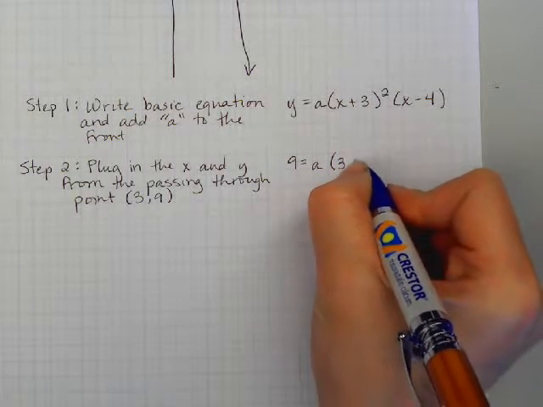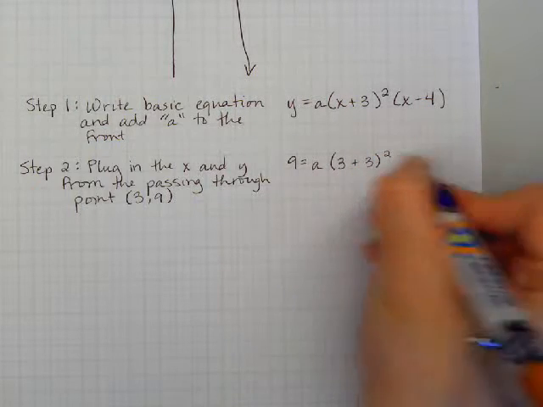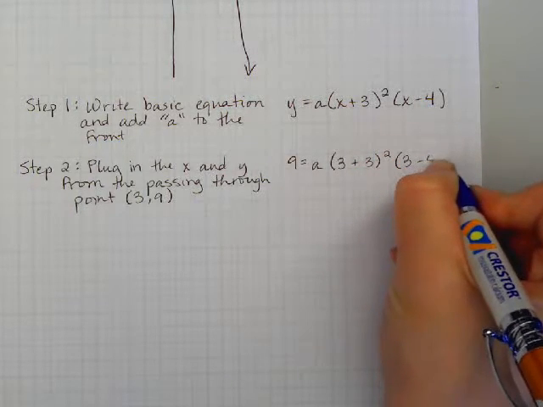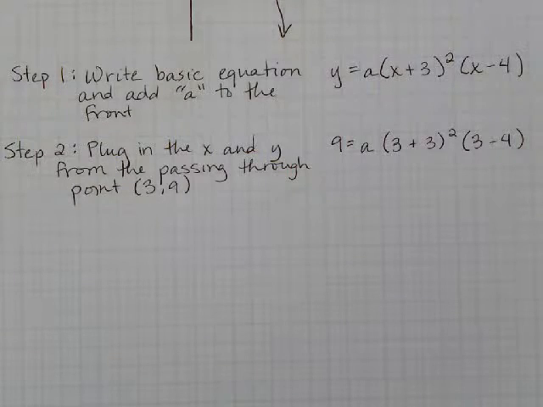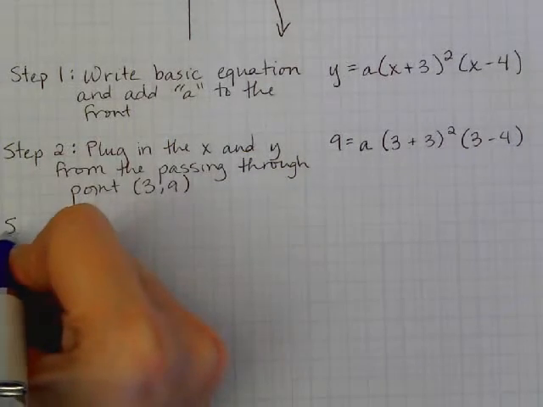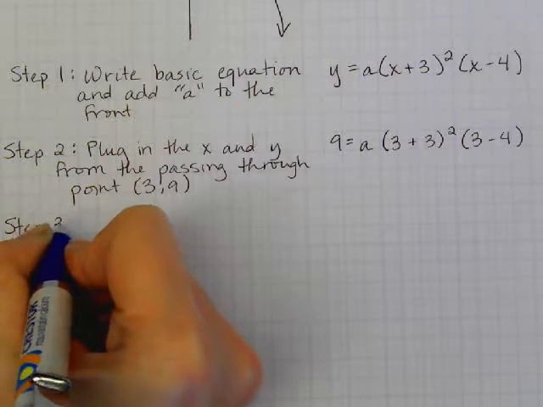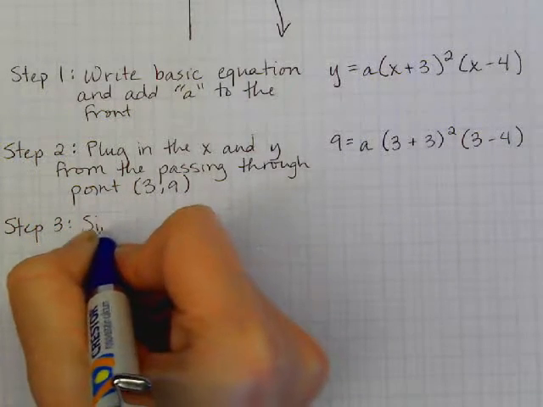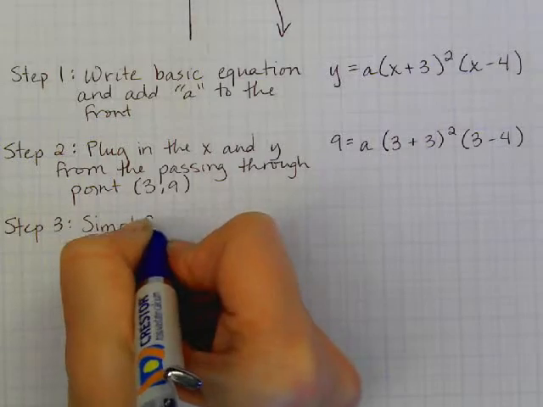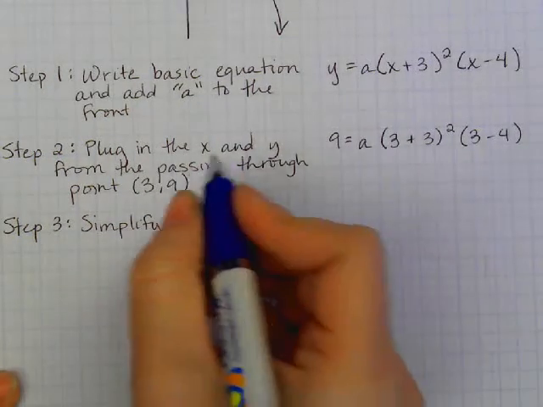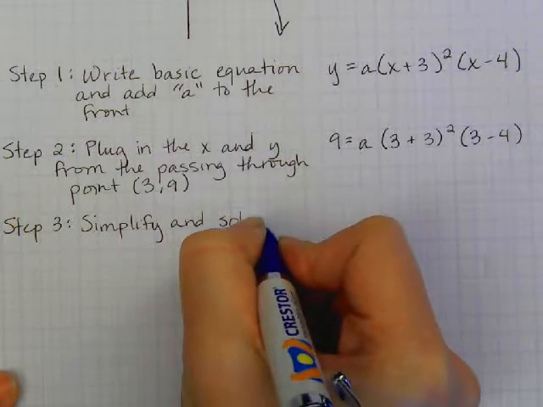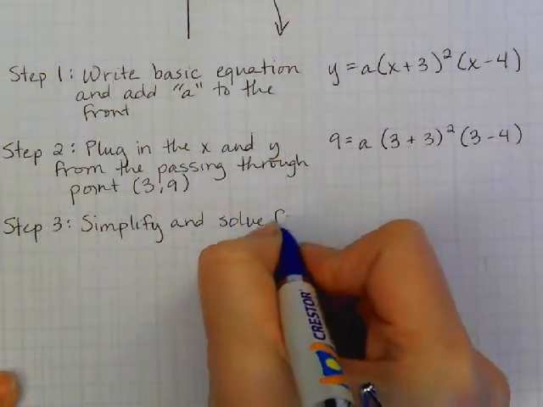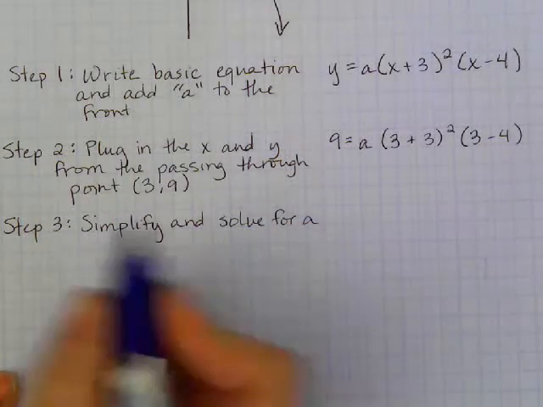When you're simplifying to solve for a, when you simplify, that is operations in the parentheses first, then your exponents, then your multiplication and division, and then your addition and subtraction. So there's only going to be so far that you can simplify before you have to use your solving steps.